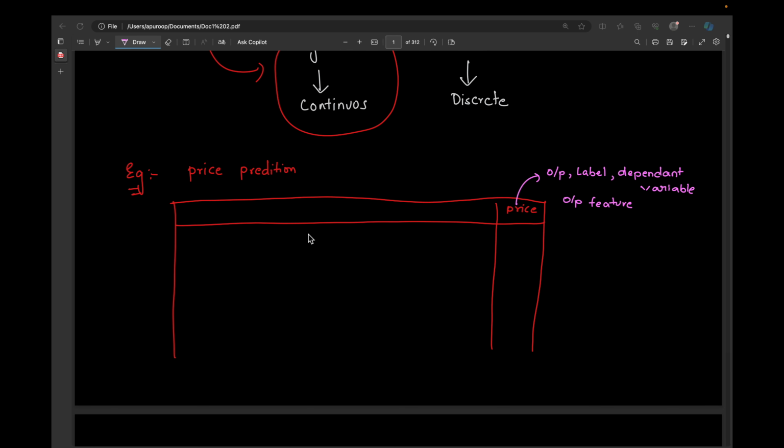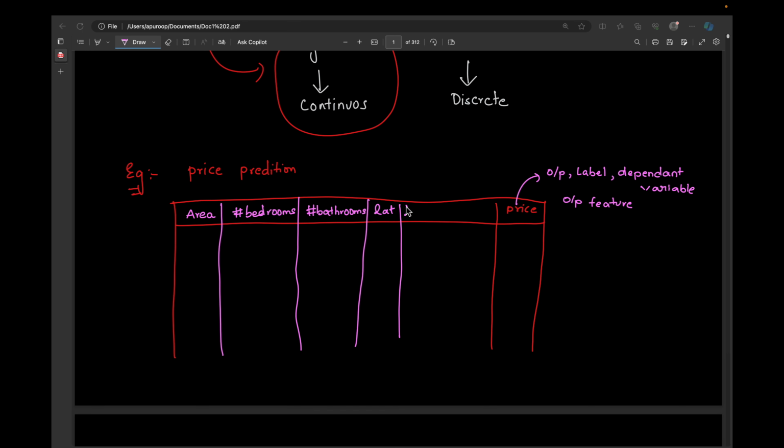Similarly, we need to think about what features or inputs are used in order to predict the output, that is price. If we start thinking, area will be a good input so that we can predict the price, and number of bedrooms can be one good input, and similarly number of bathrooms. Latitude and longitude are also good inputs; combined, these two give us the exact location of that particular flat.